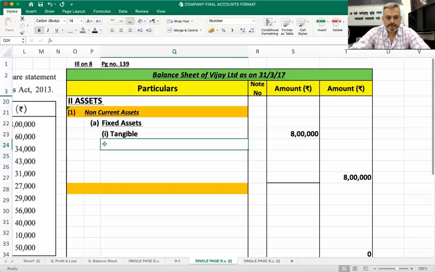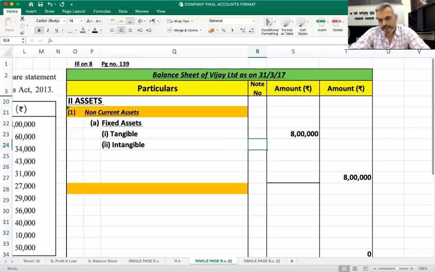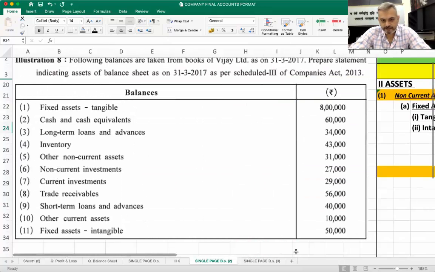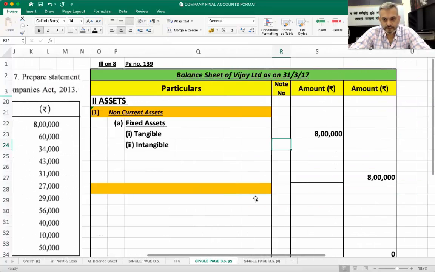Then second is intangible. If some subheading is not there, then we will keep it blank. So we go to intangible, it's the last one, 50,000.